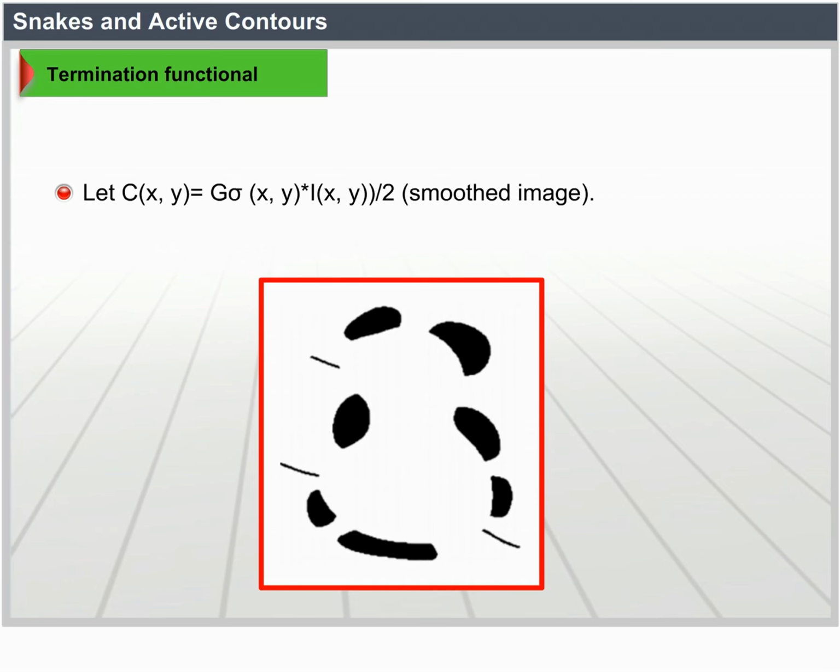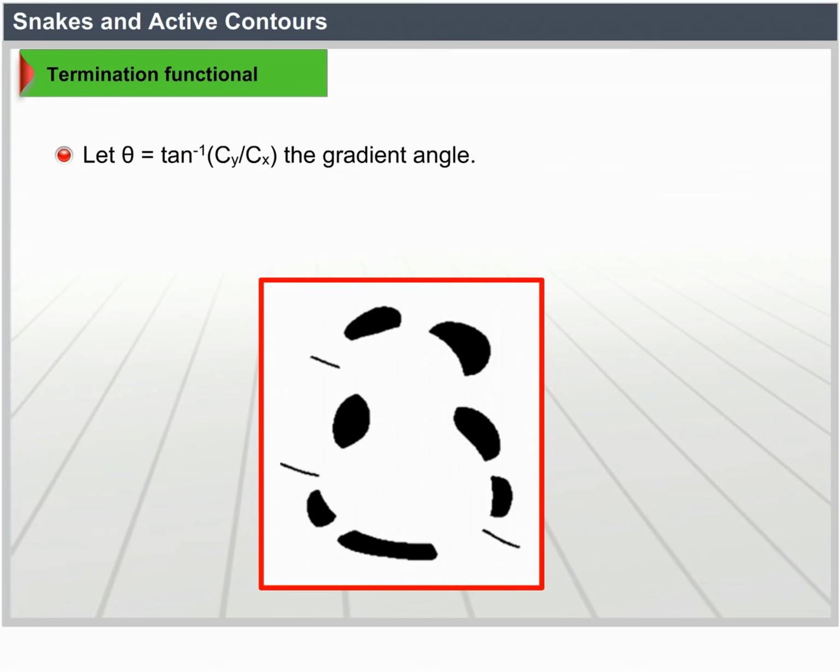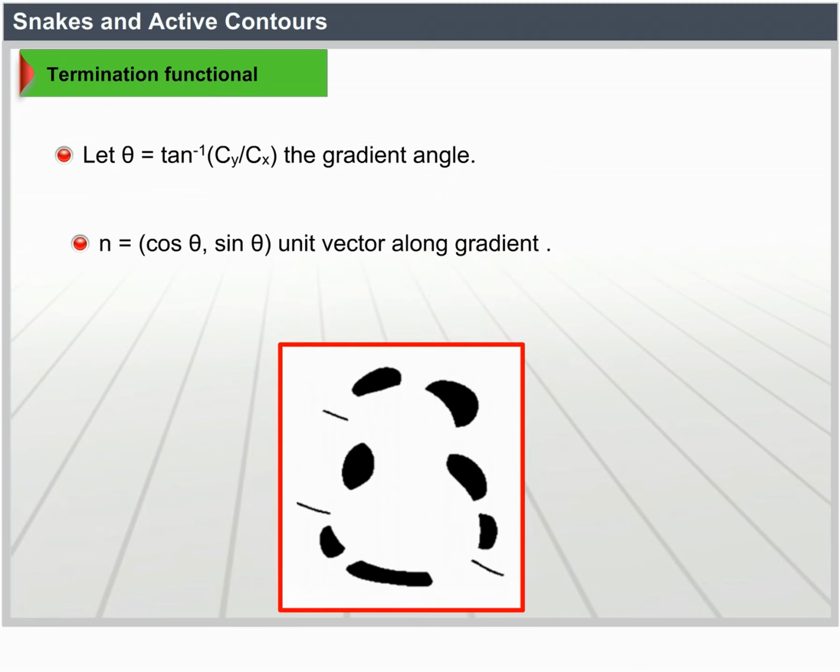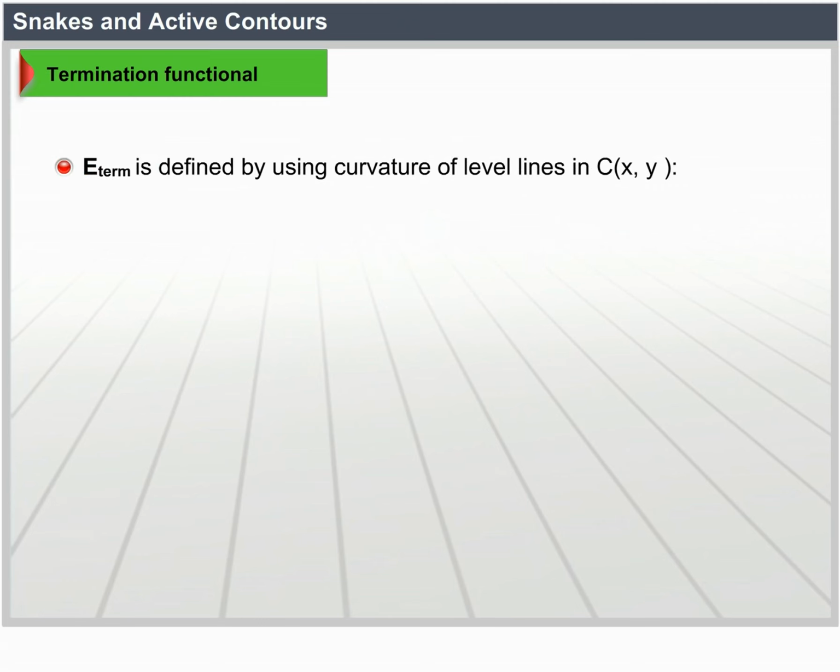Let theta equal the inverse tangent of C_y over C_x be the gradient angle. n equals (cos theta, sin theta), the unit vector along the gradient. n perpendicular equals (minus sin theta, cos theta), perpendicular to the gradient. E_term is defined using the curvature of level lines in C(x, y). The resulting E_term equations can now be seen.